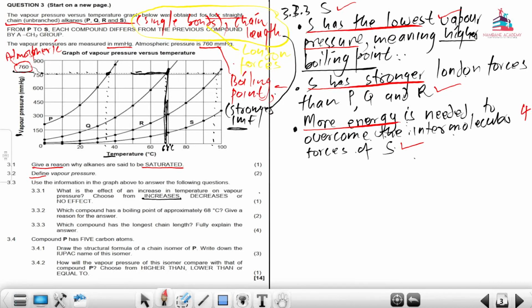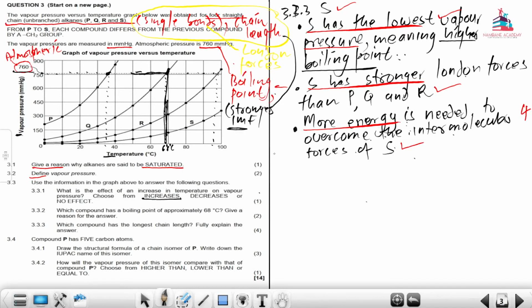Hence the emphasis: if S has the lowest vapor pressure, then it has a higher boiling point, so S must have stronger London forces than P, Q, and R. Then definitely more energy is needed to overcome the intermolecular forces of S.